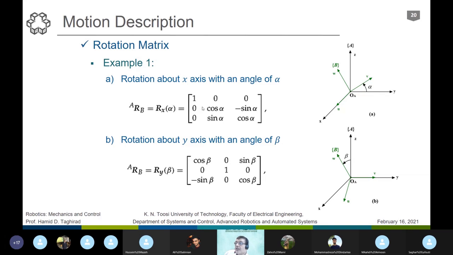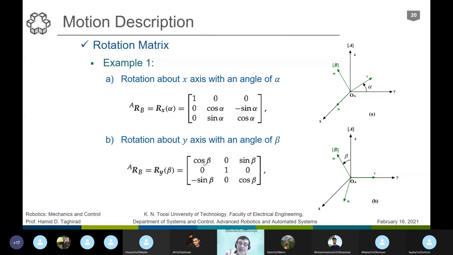The y-axis is a bit different because we have a right-hand rule. X and z are quite similar, but y is different. As you see, we are moving around y, so the y row is 0, 1, 0. But instead of having cosine minus sine, we have cosine plus sine, and the sine comes here.